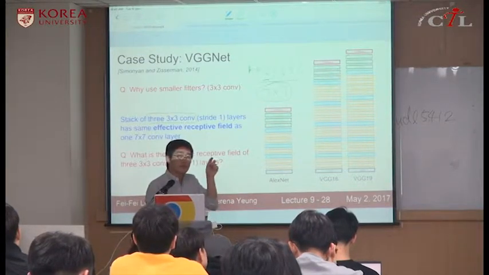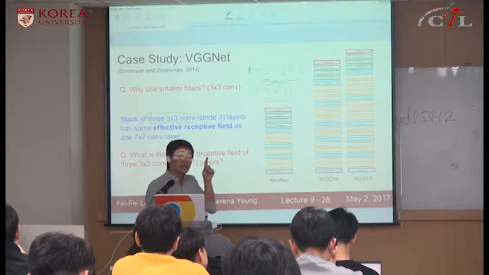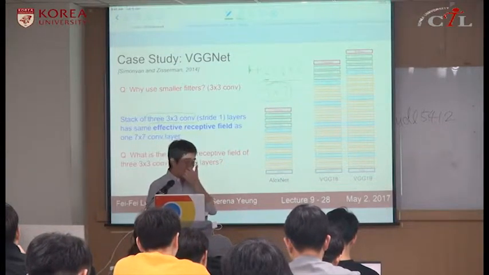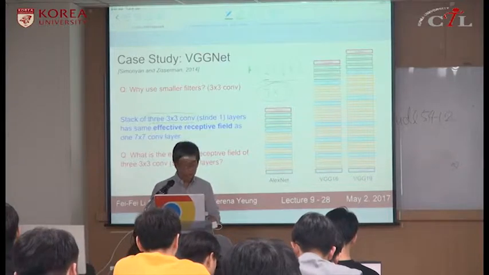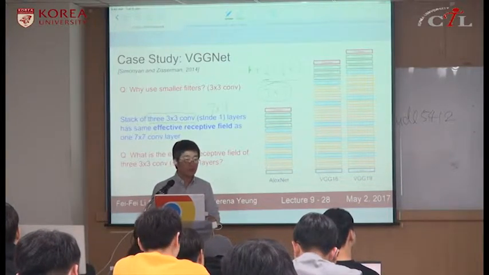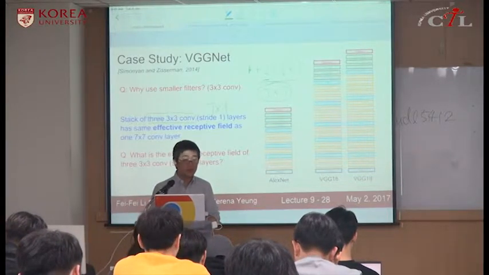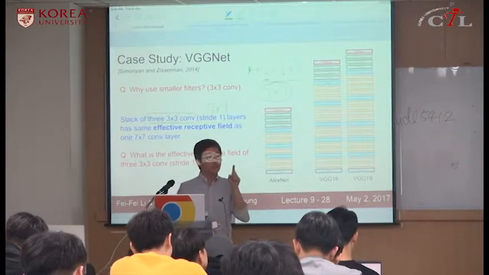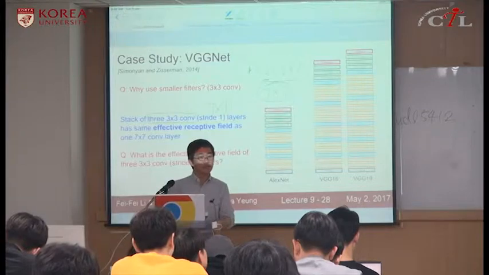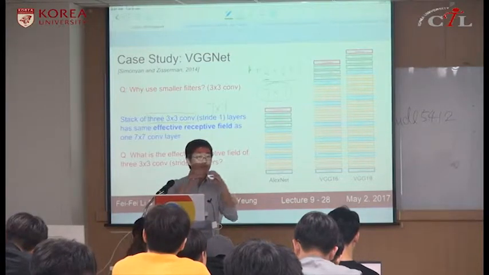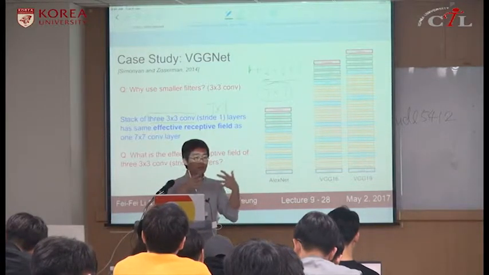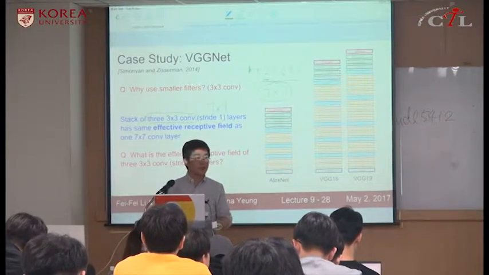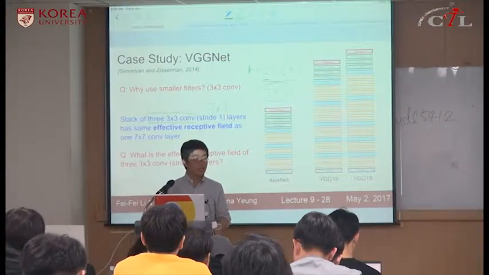Instead of stacking 3 convolution layers, let's use a single convolution layer that has the same receptive field. In that case, we use a 7 by 7 filter in our convolution layer to match the receptive field size. Okay, so that's the initial assumption.